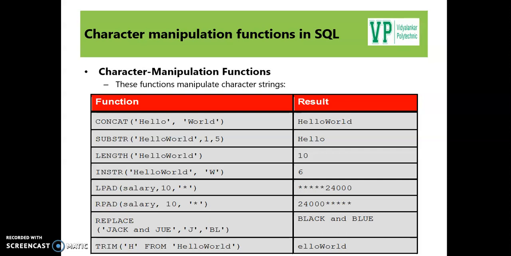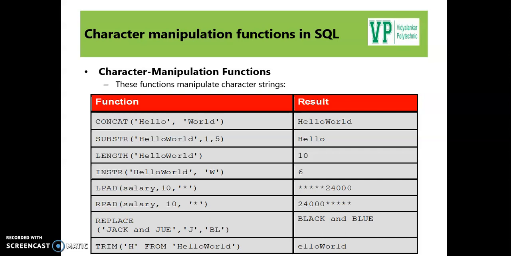So the substring function requires characters from the entire word, from the character on the first index up to the character on the fifth index. So you can see the result is hello, that is nothing but the word hello.